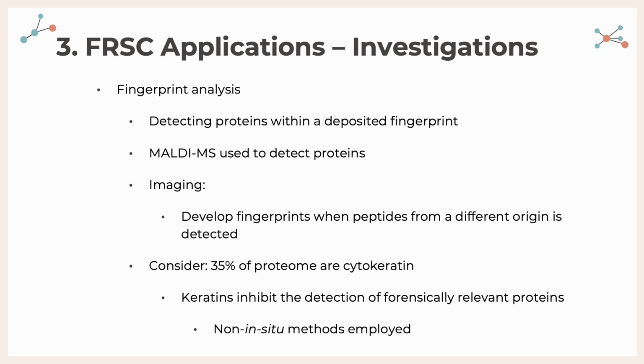You are looking at the spatial yield of proteins within the fingerprint, and if the proteins and the peptides are different than expected or of different origin, that can indicate that you might want to develop the fingerprints and then infer the suspect's activity.